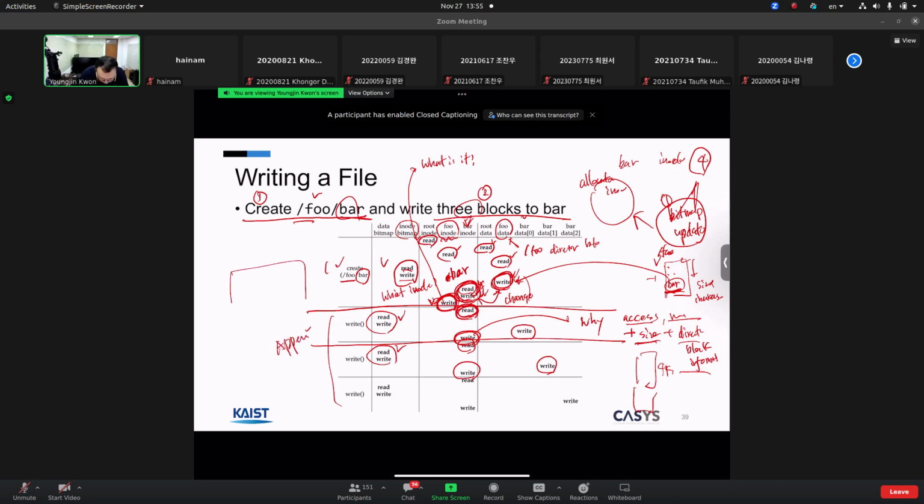But if you are updating, for example, I don't want to add new data, I just want to update. Does this data bitmap operation happen or not?